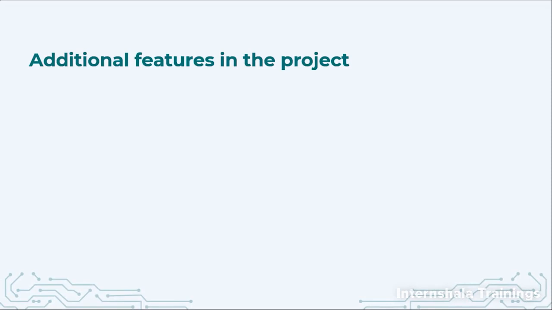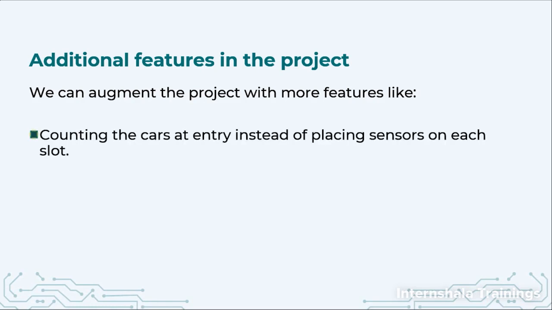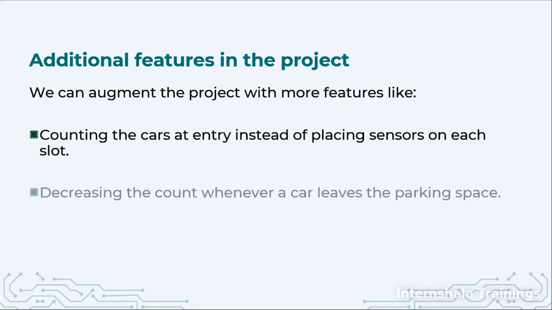There are some additional features that can be added to this project. These can also be alternate ways of implementing the project. For example, instead of placing a counter at each parking spot, we can just put the counter on the entry and exit. Whenever some car is entering, the counter will detect the entry and we can say one car has entered.